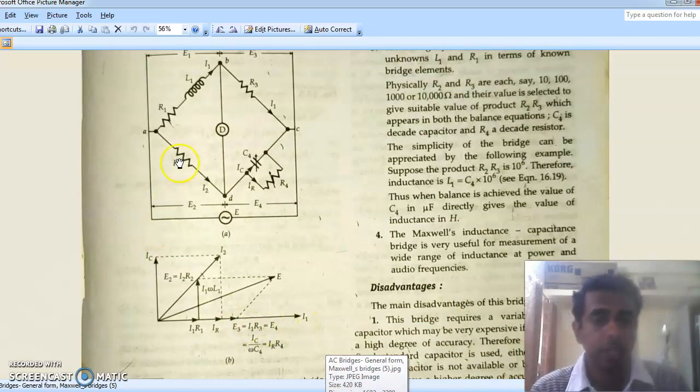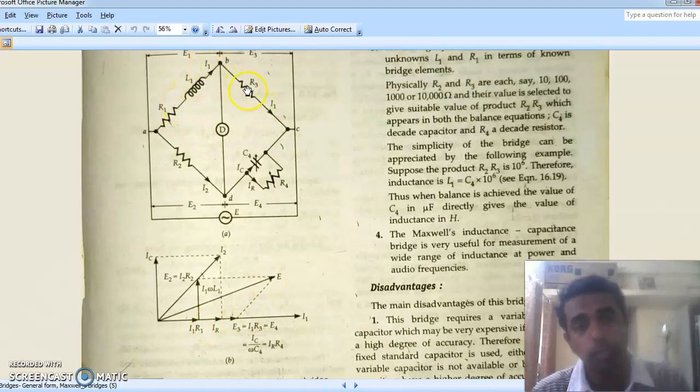The resistive drop I1 R1 is all along I1. The same current I1 is flowing through R3 also, that is I1 R3, which is also equal to E4. Under balance condition, E3 should be equal to E4. So that is all along I1.